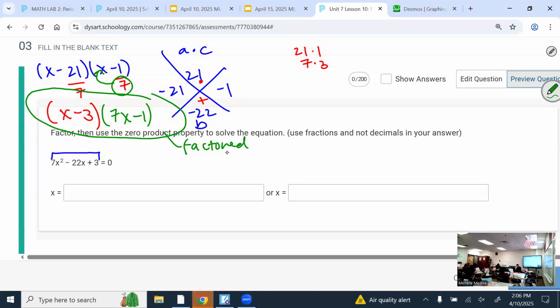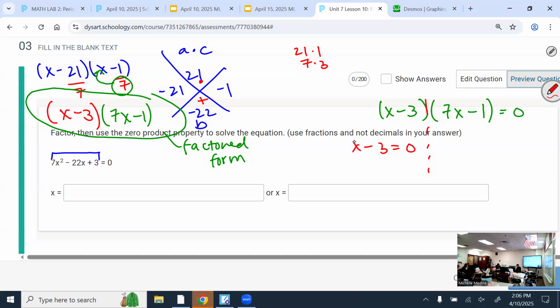If you are to apply the zero product property, you have to set it equal to 0. Each factor, set it equal to 0. And then solve for what x has to be to make it true. So this first one, what -3 gives me 0?